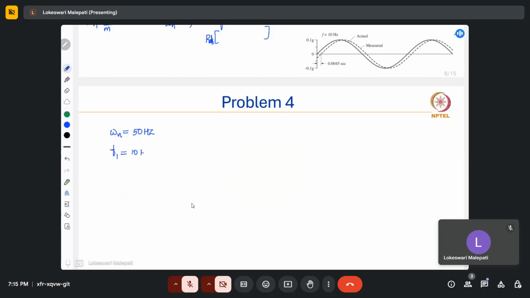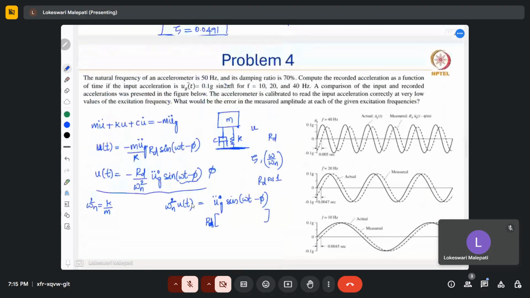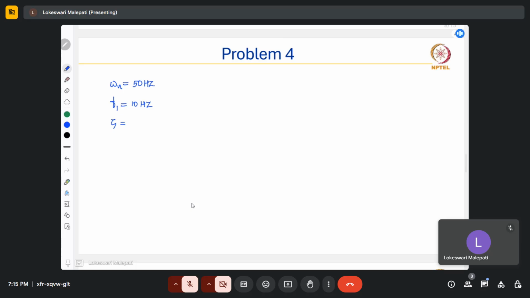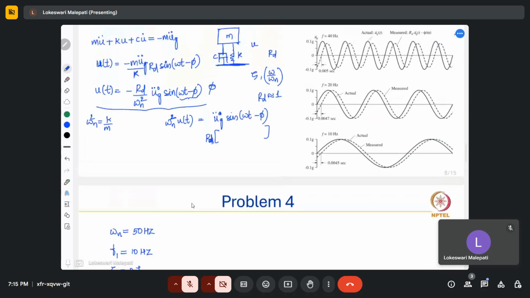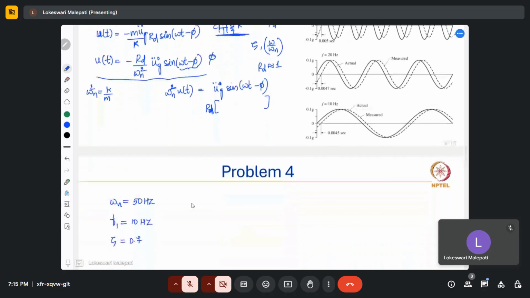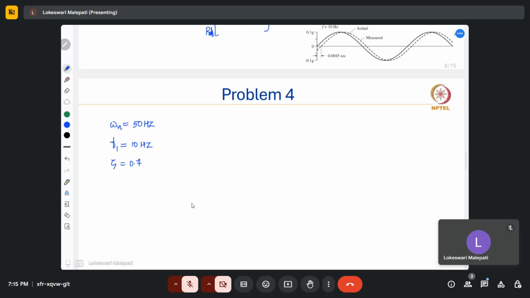F1, let's consider 10 hertz, and the damping ratio for this accelerometer is also given. Zeta is equal to 0.7. Okay, we have all the things that we want. These two are in cyclic frequencies, so we can directly take the ratio. Omega by omega n would be 10 by 50, that would be 0.2. Now let's find out RD.